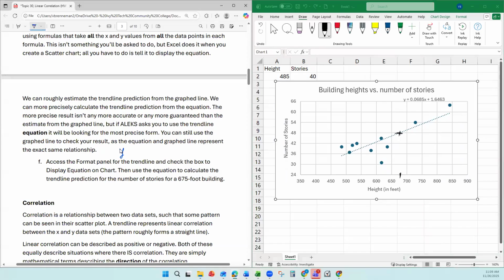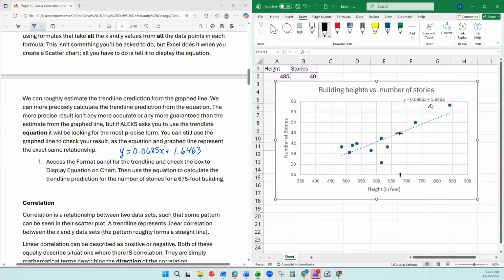So y equals 0.0685x plus 1.6463. So now I can use the equation to calculate the number of stories for a 675-foot building. It is going to get me a much more precise answer than just looking at the graph. It should be the same, like the graph and the equation represent the exact same thing.